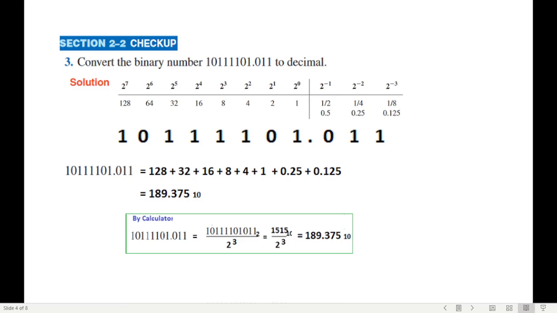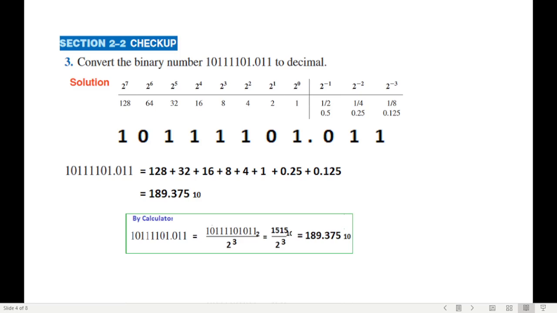Mode we have to change to 4, and we go to binary. We input the binary digits, and this is equal to, now the decimal is 1515, and this now we have to divide by 2 power 3.